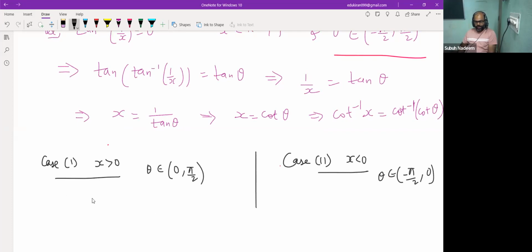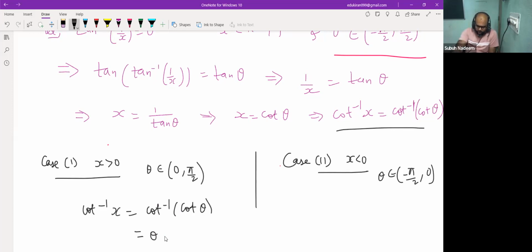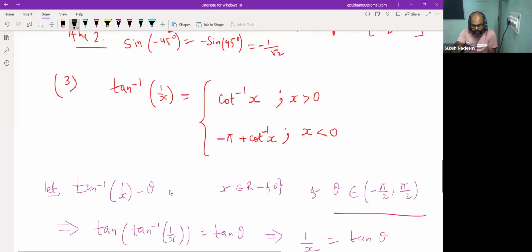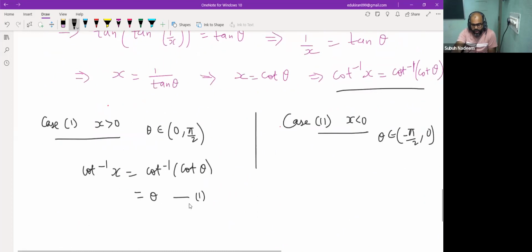Then we will say that cot inverse x, which is equal to cot inverse cot theta that we have just written above, can be written as theta, because 0 to pi by 2 is a part of the principal value range of cot also. So cot inverse x is equal to theta. This theta, which we initially took as tan inverse 1 by x, is the first equation, and here we are getting theta as cot inverse x, the second equation.